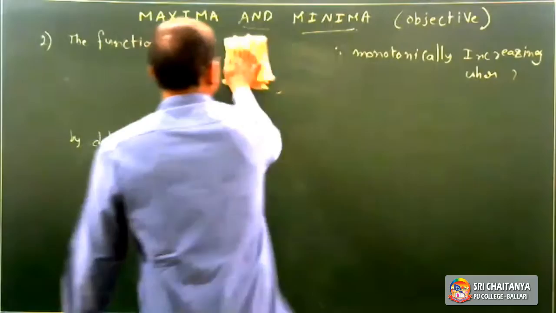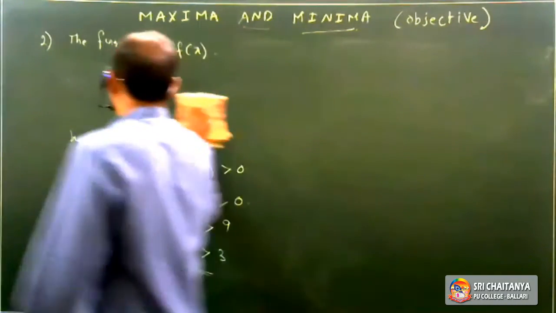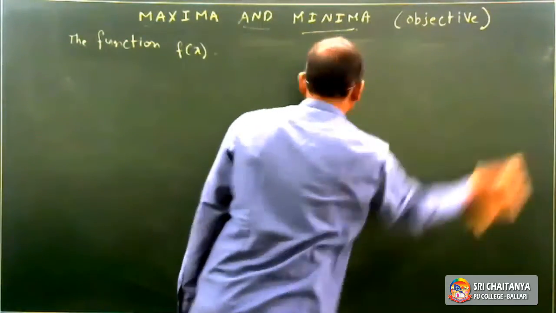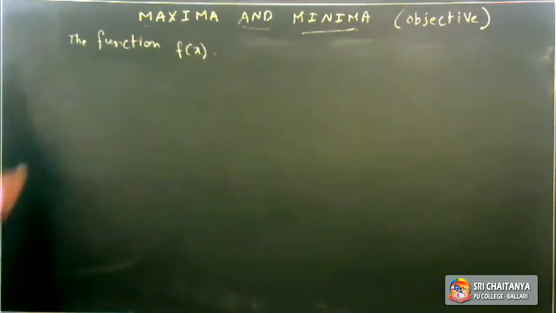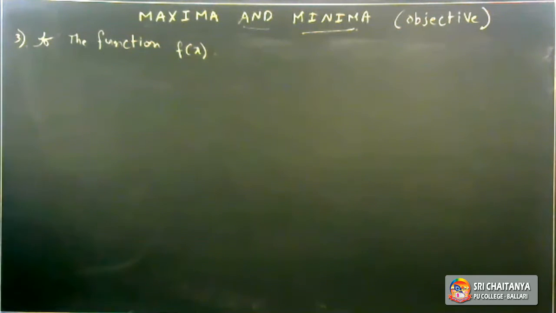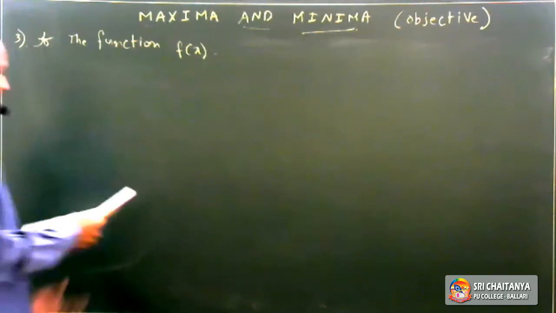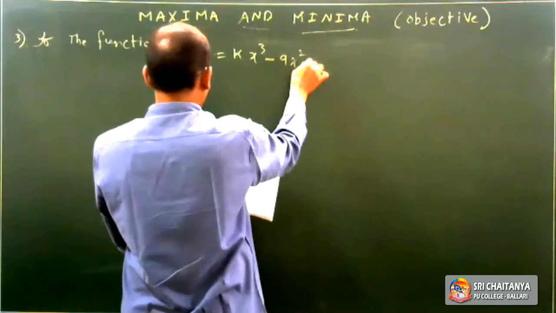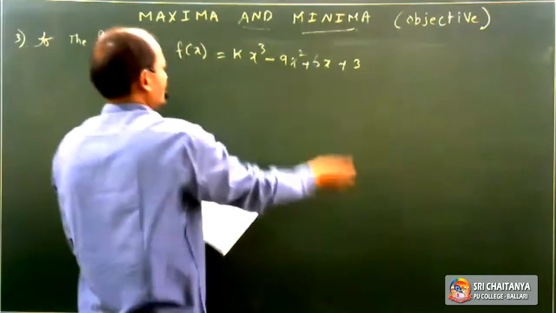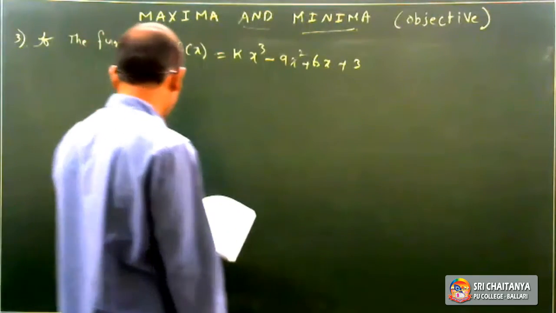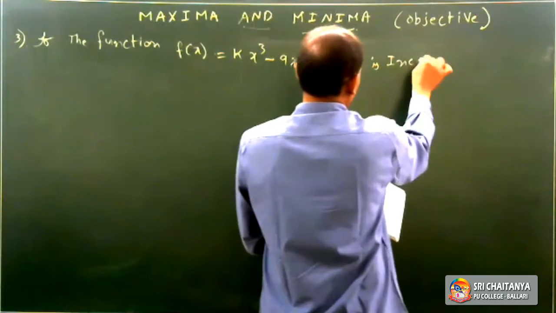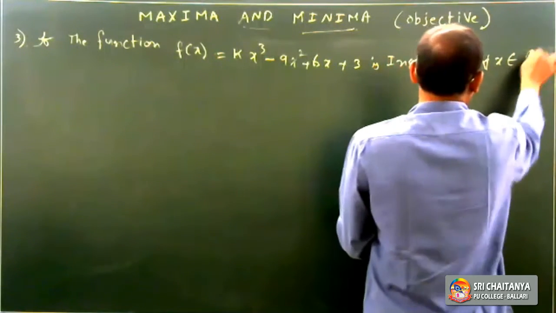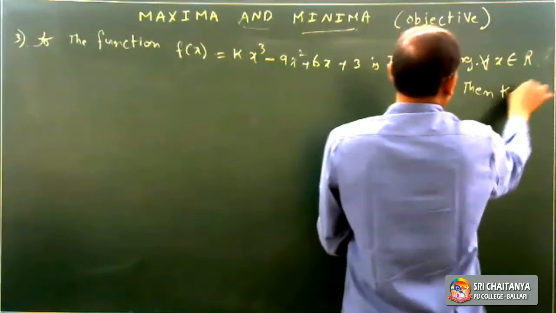Okay. Write down my next question. Third one. If the function f of x is equal to kx power 3 minus 9x square plus 6x plus 3 is increasing for all x belongs to R, then k belongs to.